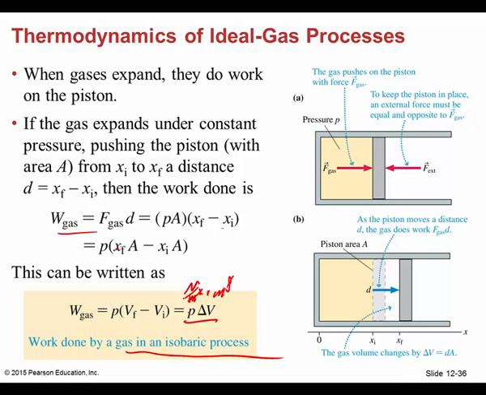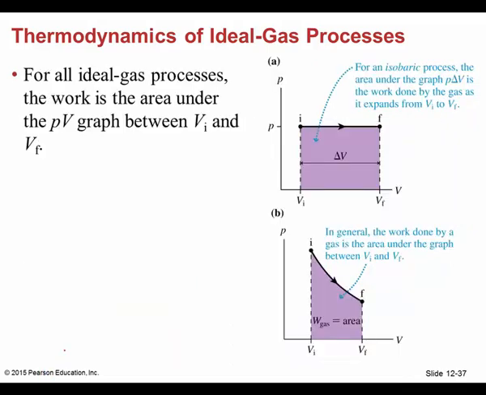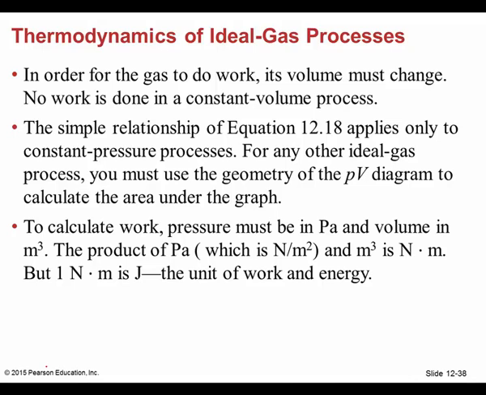Cancel. What's a newton meter? A newton times a meter is a joule. Look at there how that works out beautifully. Okay, so we move on. Oh, and again, you can actually take the integration, or you can do the rectangle method to find it. Here you'd have to integrate it, taking the area under the curve.